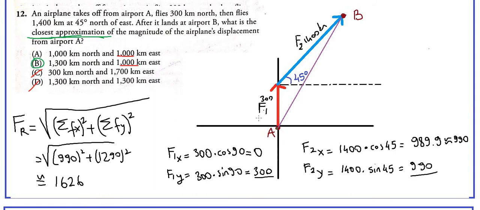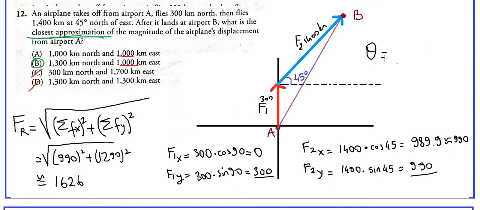So when we decompose the vectors, we multiply the vector times cosine theta to find the x component, and we multiply it by sine theta to find the y component of the vector. So we can decompose the vector and add the components. So you need to practice more vector addition using these formulas. And one more formula before I skip this question. If they are asking for the angle, then you're going to use this formula.